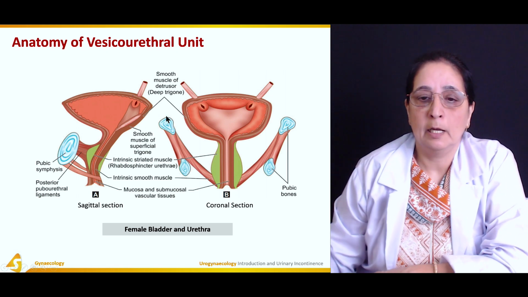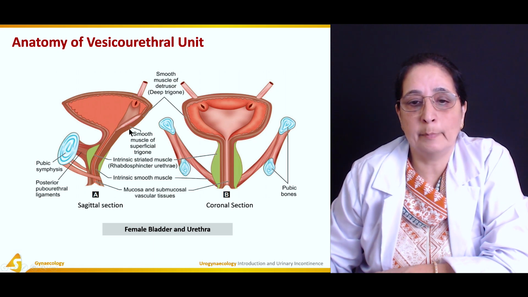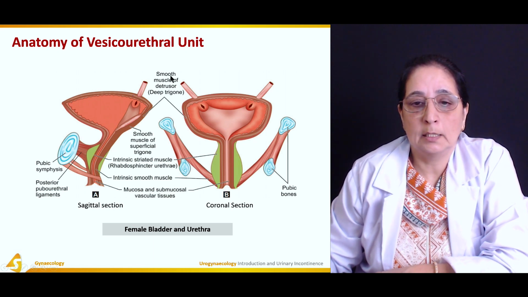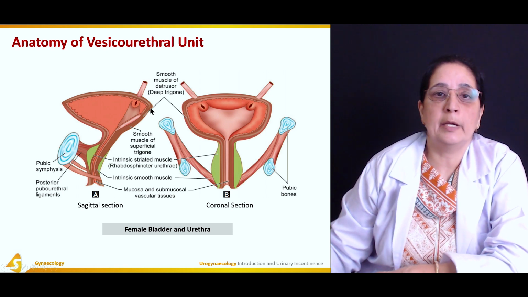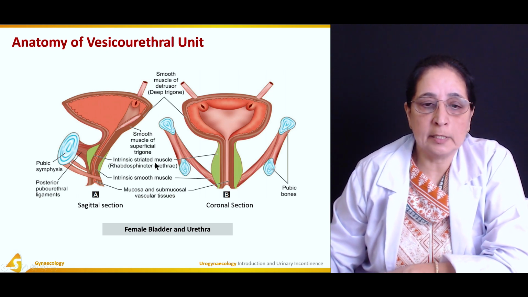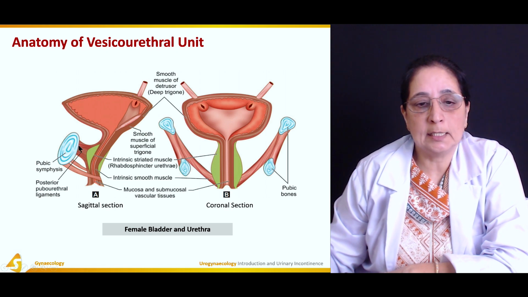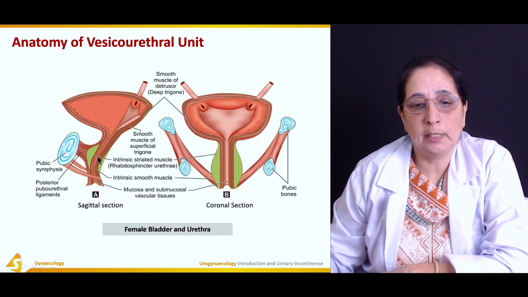Here we have the deep trigone, and then we have the superficial trigone. These are the muscles of the deep trigone. The trigone is made up of smooth muscles. So, the symphysis pubis, and the pubourethral ligament that attaches the pubic bone to the urethra.